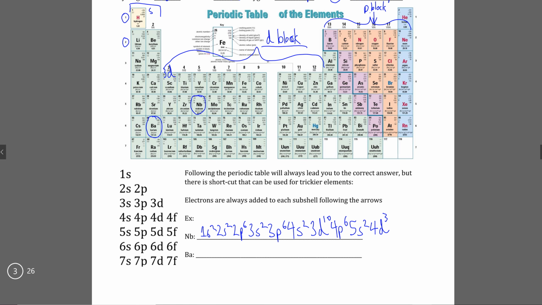Now, the easiest and most consistent way to write electron configurations is simply to follow the periodic table. Start at the 1s subshell with hydrogen and fill them up like this. Move down to 2s, fill it up, 2p, fill it up, 3s, 3p, and so on.